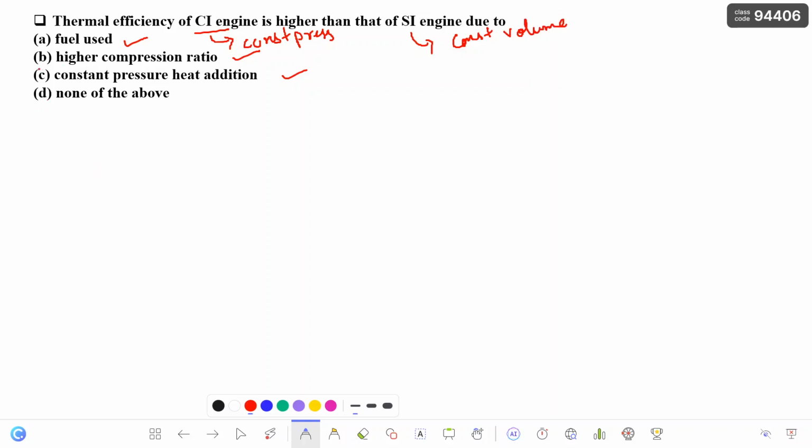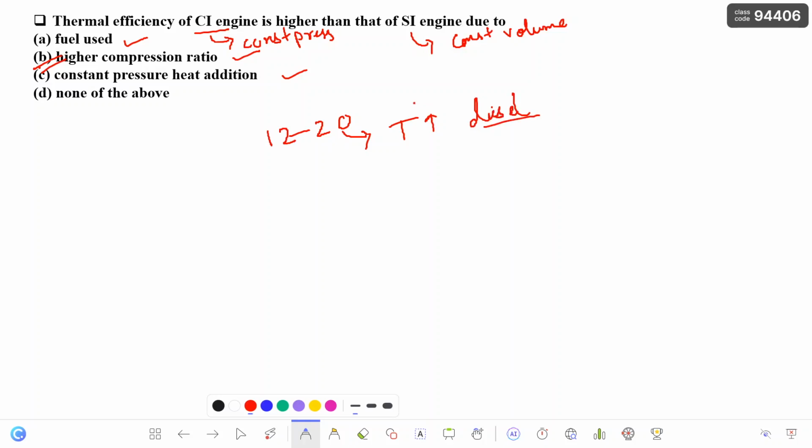The answer is higher compression ratio. The compression ratio of a CI engine is higher. We have already covered that one, 12 to 20. Now why is the compression ratio so much higher? So that we can reach the temperature at which we can ignite diesel. That is why the compression ratio will be higher.